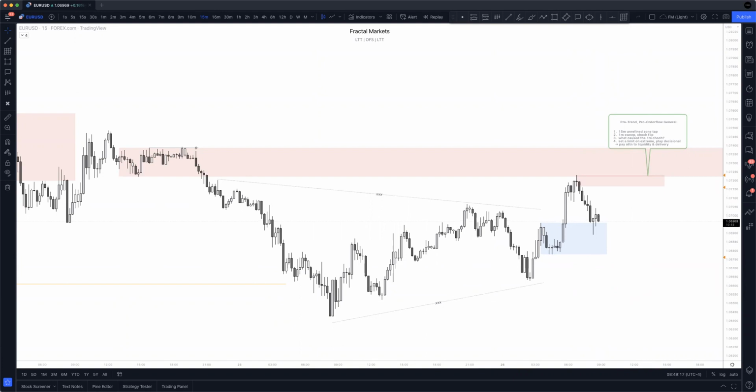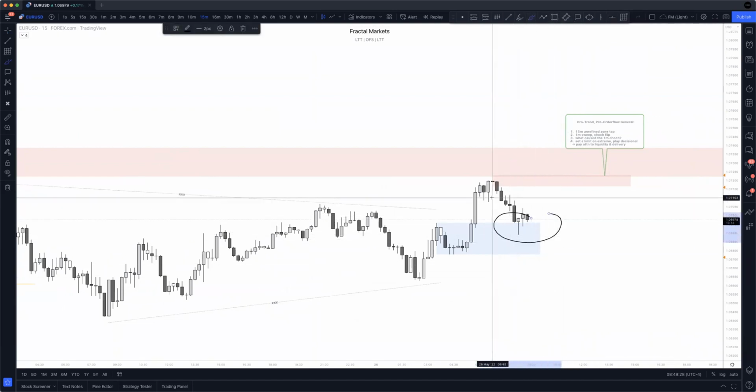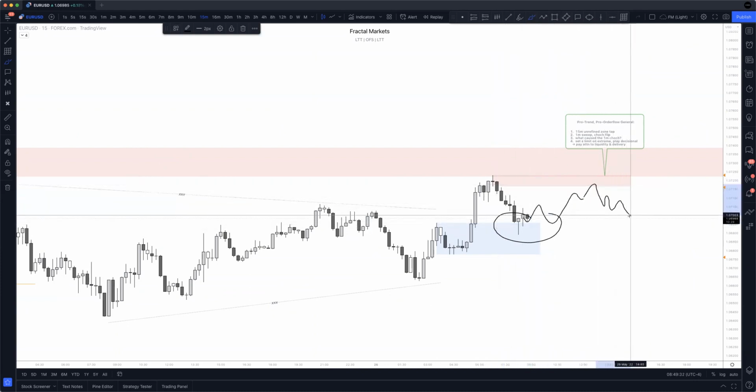So you just play with your timeframes until you get those requirements. Would I still be looking at this entire supply range? Yes, but ultimately we're failing to take out the low, right? So chances are we'll see something along the lines of this and then potentially see a sweep up.